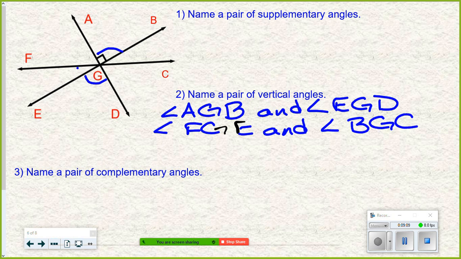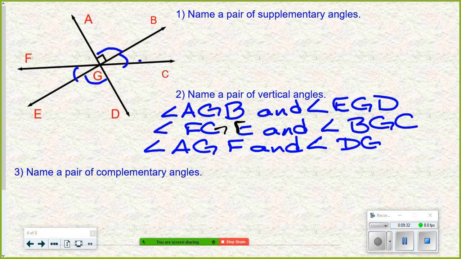So that's this one and this one, right? So now there's one more pair, right? So what's the other pair? Zach? AGF and DGC. This means angle, by the way. The little less than symbol means angle.